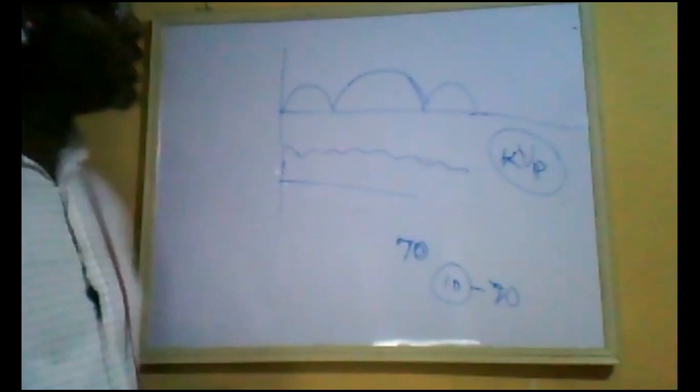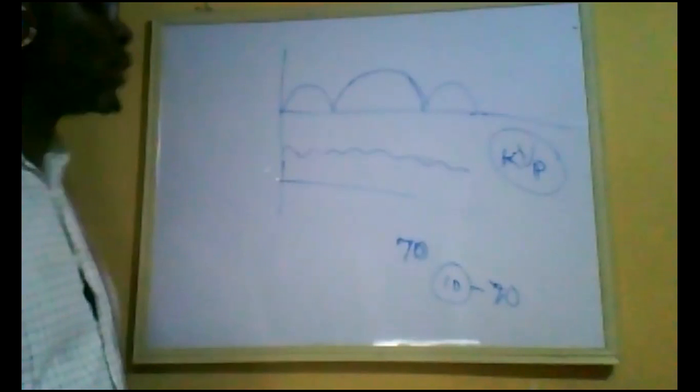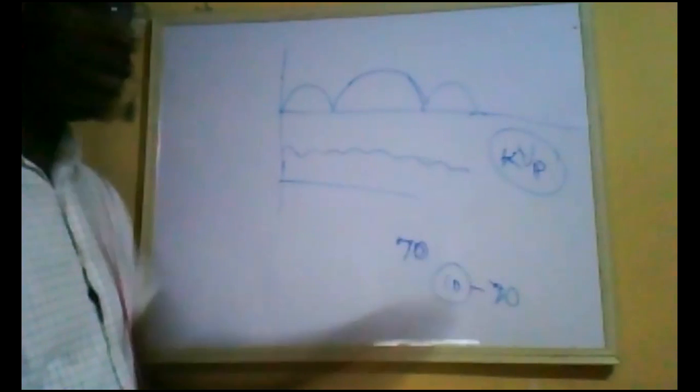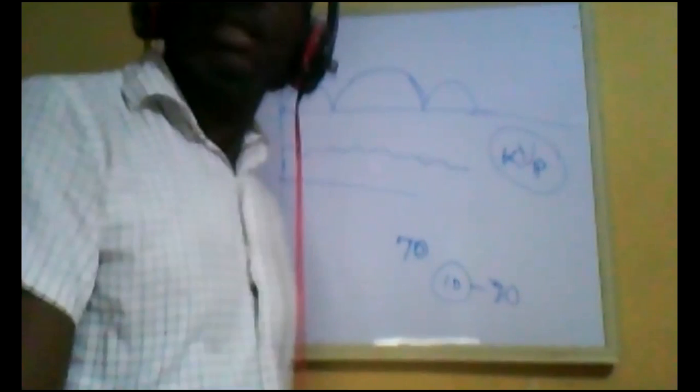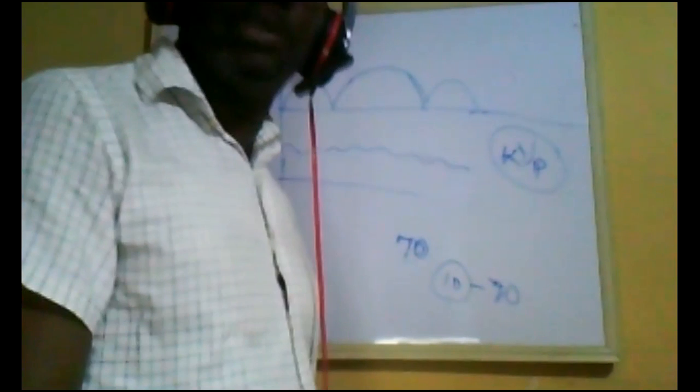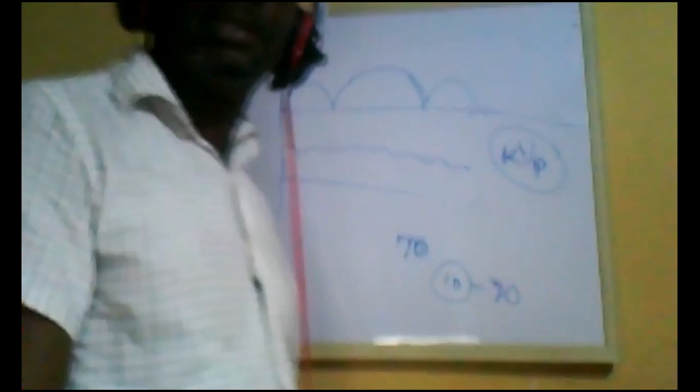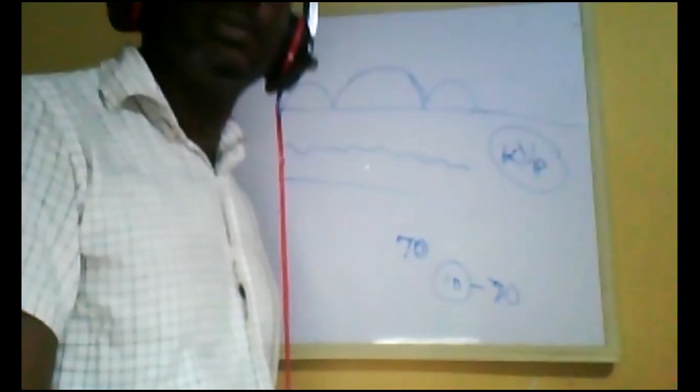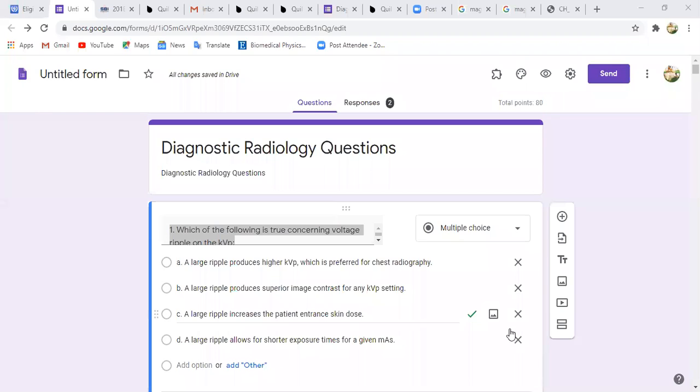They add nothing to image quality. That is why they are mostly removed with the use of a filter. So the ripple unnecessarily doses the patient. So ripple increases the patient's entrance skin dose.